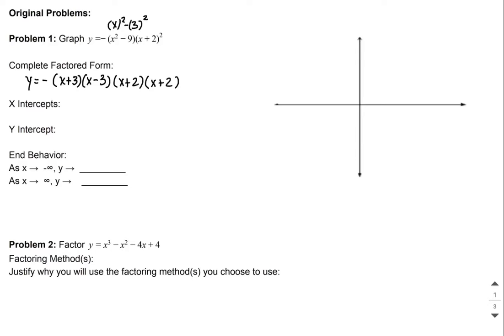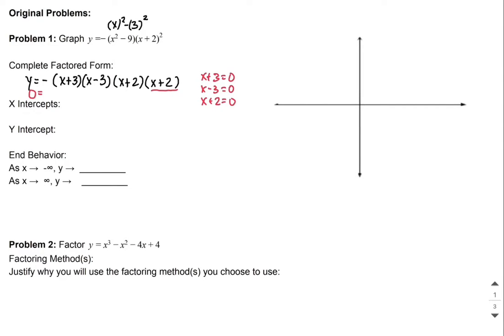The first thing I want to find from this factored form are my x-intercepts, and I know my x-intercepts are when y is equal to 0. So for all these factors multiplied together to be equal to 0, one of those three things has to be equal to 0. So x plus 3 is equal to 0, x minus 3 is equal to 0, or x plus 2 is equal to 0.